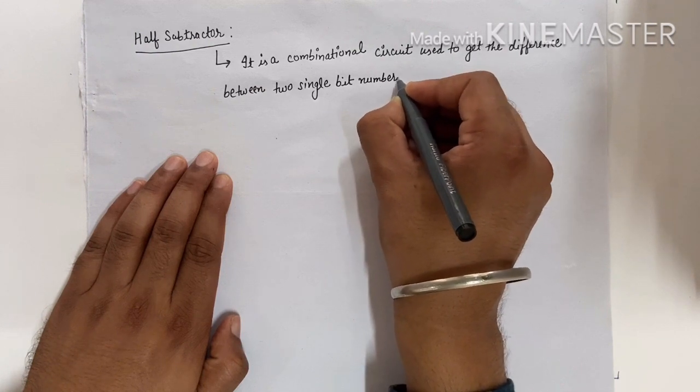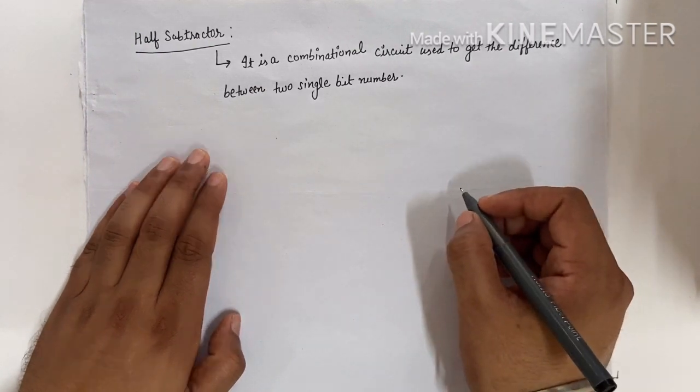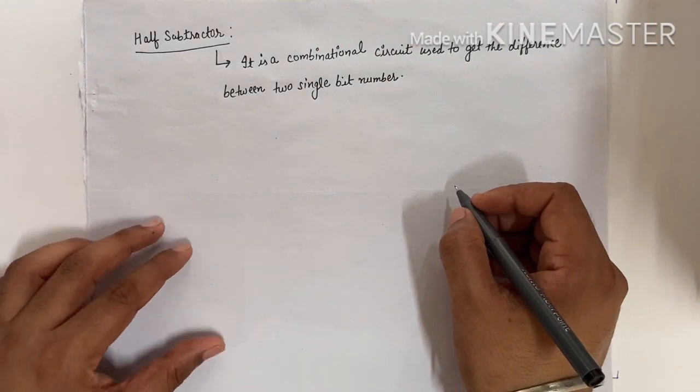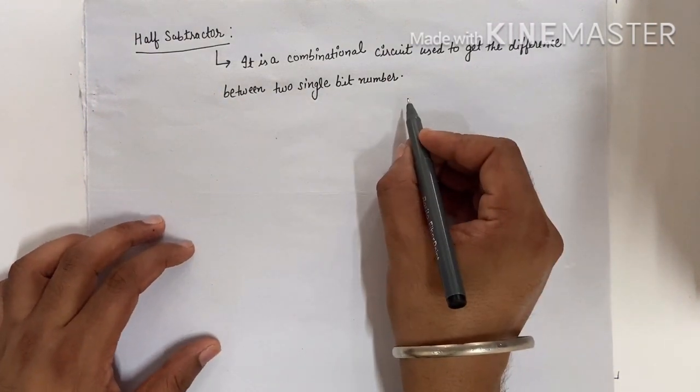Okay, so in the subtractor we have to get the difference between two single bit number.